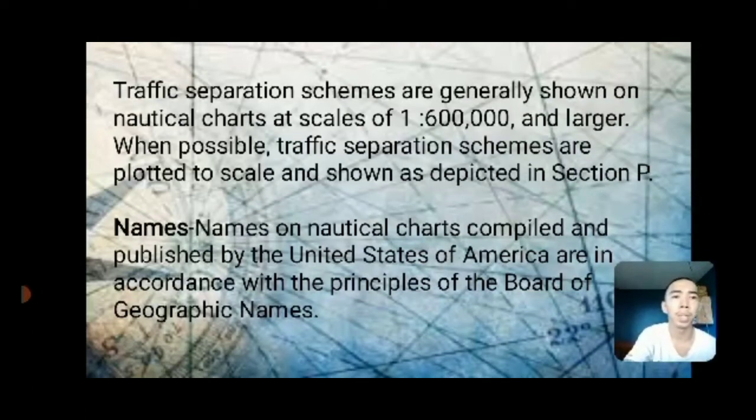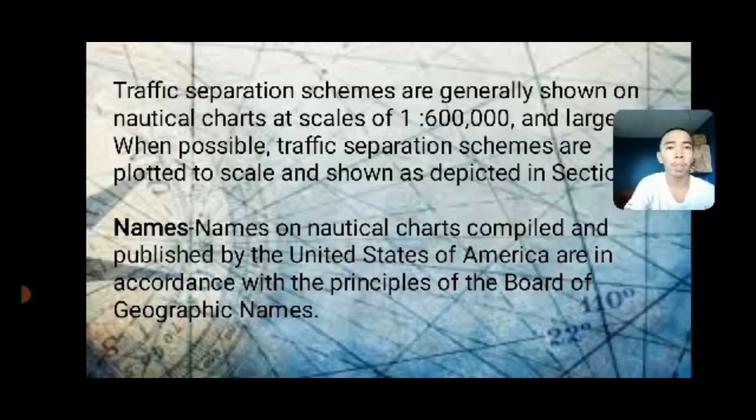Traffic separation schemes are generally shown on nautical charts at a scale of 600,000 and larger when possible. They are plotted to scale and depicted in Section P.